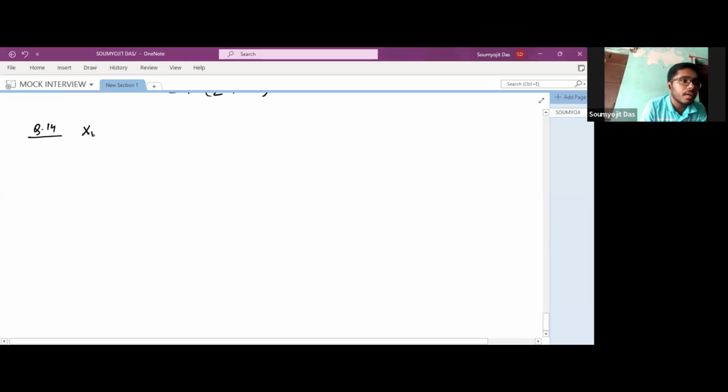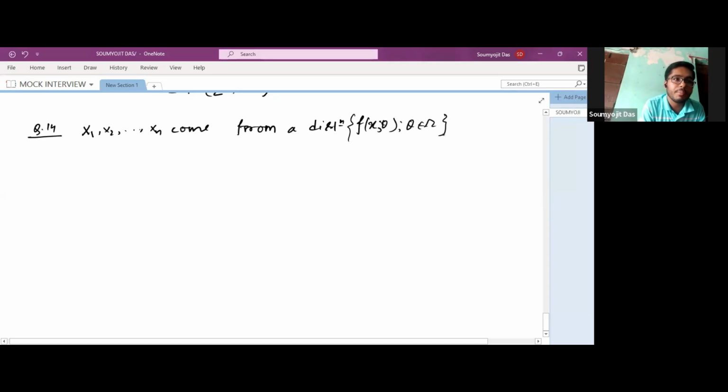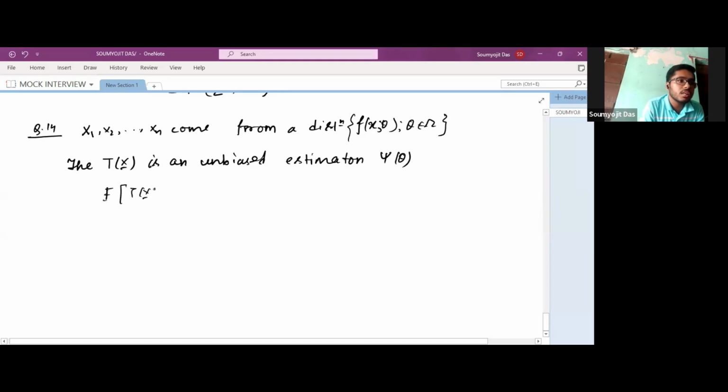Ma'am, if we consider that x1, x2, and in this way xn come from a distribution with PMF or CDF f of x, theta, where theta belongs to omega, and omega is the parametric space, then T of x, a function of the sample, can be considered an unbiased estimator for a parametric function phi of theta if the expectation of T is equal to phi of theta for all theta belonging to omega.